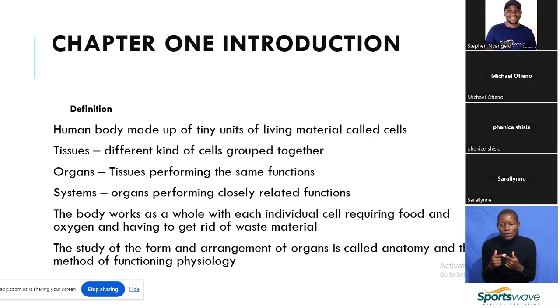Tissues performing the same functions are called organs, and then organs forming the same closely related functions translate into a system. So the body works as a whole, with each individual cell requiring food and oxygen and having to get rid of waste material. So the study of this arrangement of organs is called anatomy, where it deals with the structure, and physiology deals with the functions.